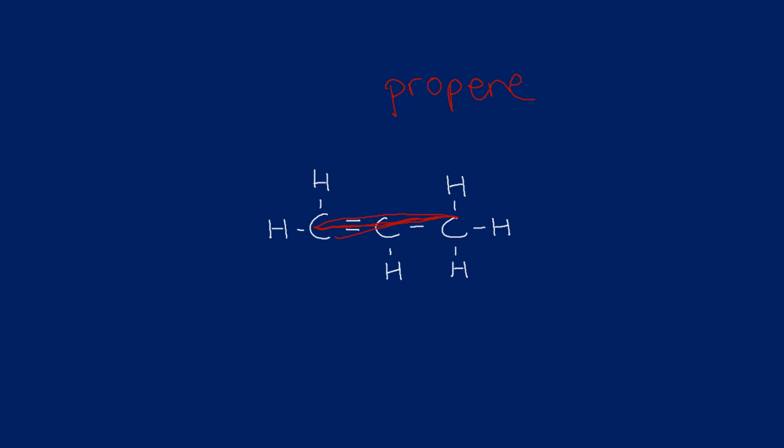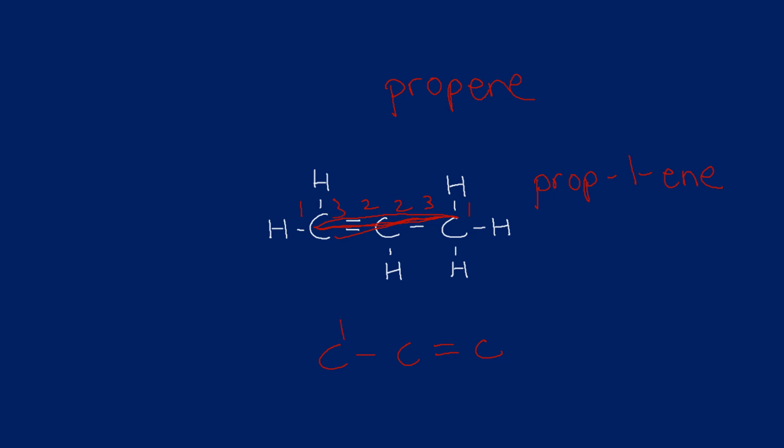You may see some textbooks call this prop-1-ene. And that's to show the position of the functional group. But I'm going to argue that even if we put it to the right, that's still prop-1-ene because we do have to use the lowest numbers. Just remember that we can number the carbon chain from left to right, 1, 2, 3, or we can label it from right to left, 1, 2, 3.